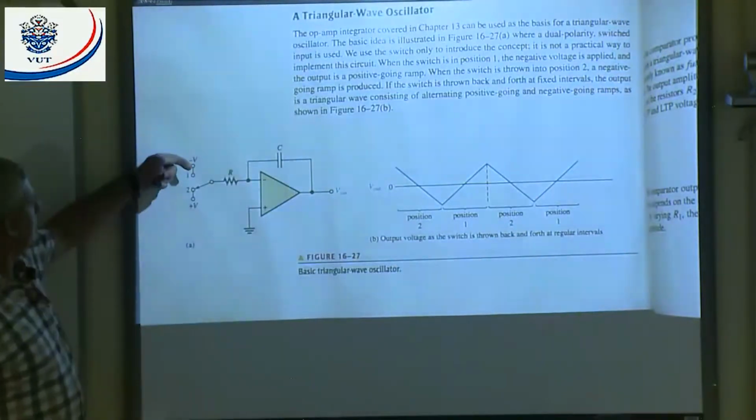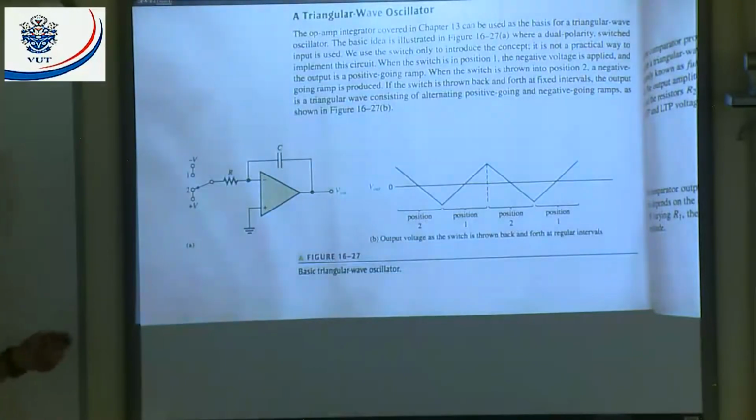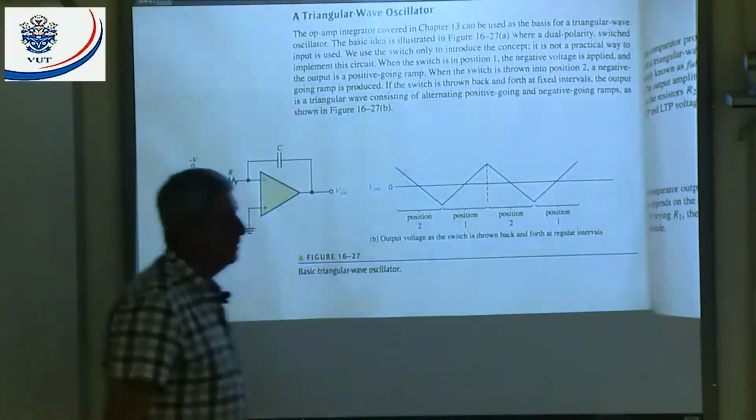If we switch it to negative voltage, it will integrate positive. Not very practical because you must go and play around with the switch, all right? But that's just to explain how to get that triangular wave output by using an integrator.